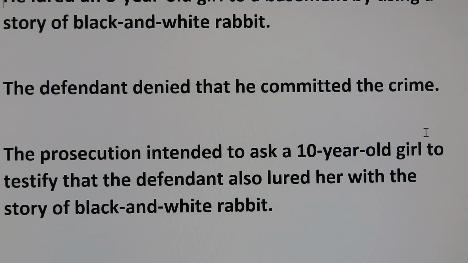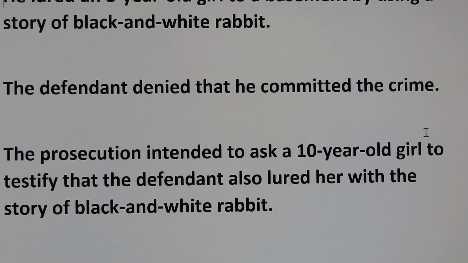The issue is whether this other crime evidence should be admitted or not. The defendant argued this evidence is not admissible because the prosecution cannot introduce other crime evidence to attack his character. But the prosecution argued this evidence was not introduced to attack the defendant's character, but to prove the identity of the perpetrator.